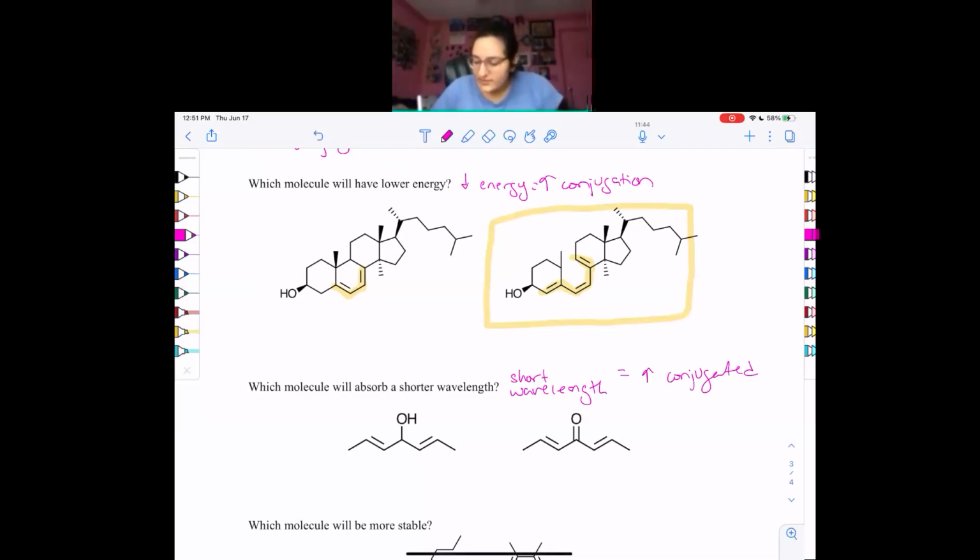Ugh, this looks really wonky, but that's fine. So, is this one conjugated, accumulated, or isolated? This one right here. Hold on.